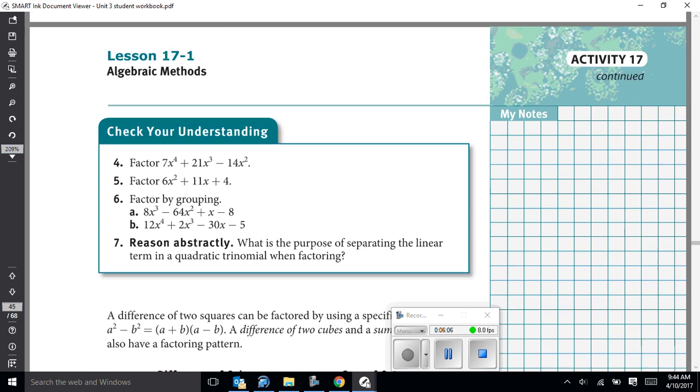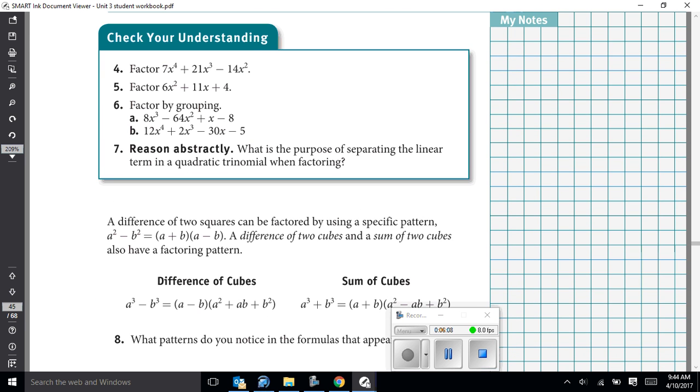So you want to do number 4? Okay, so looking at our 3 terms, what's the greatest factor that can be taken out of all 3? 7x squared.